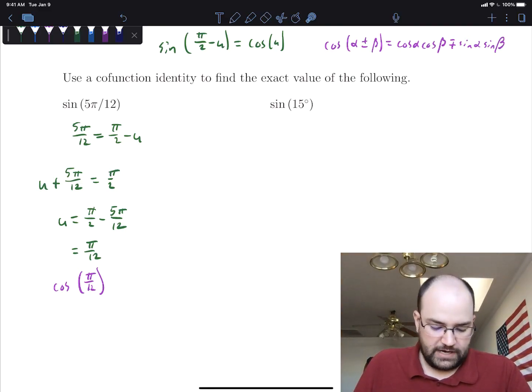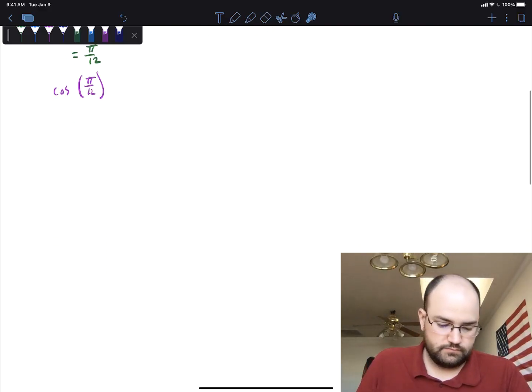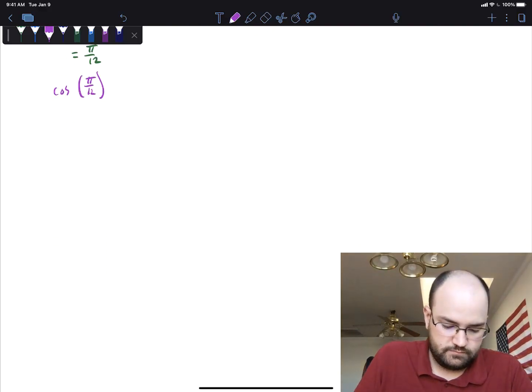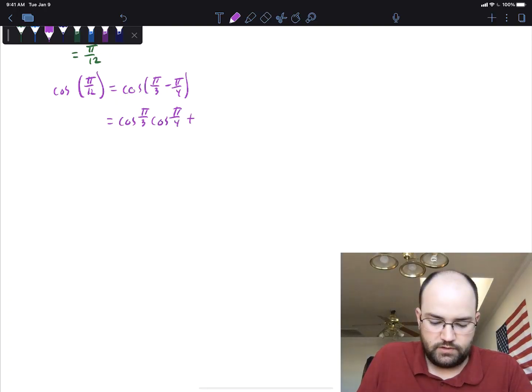If we want pi over 12, we can write that as pi over 3 minus pi over 4, which is the same thing as cosine of pi over 3 times cosine of pi over 4, plus sine of pi over 3 sine of pi over 4.